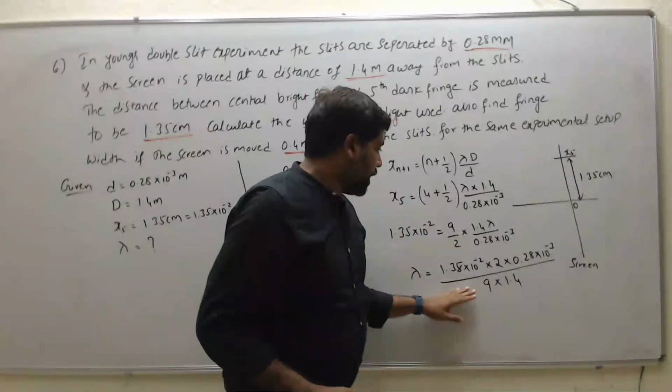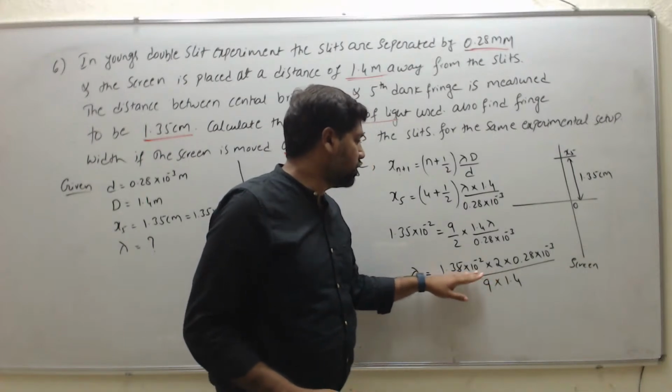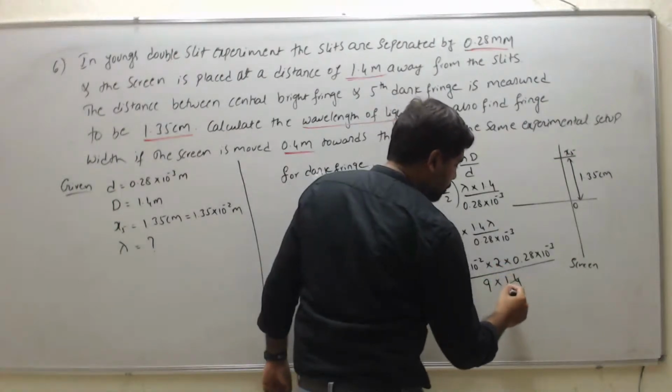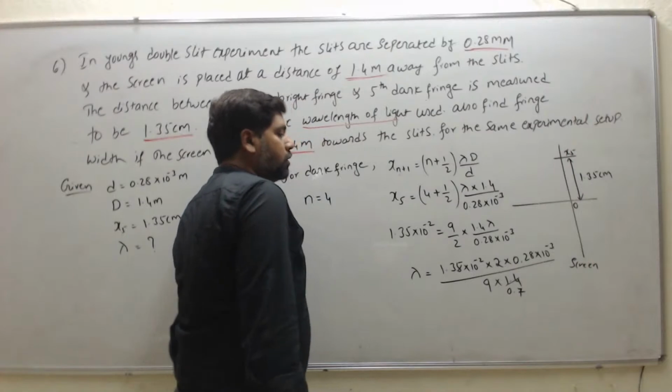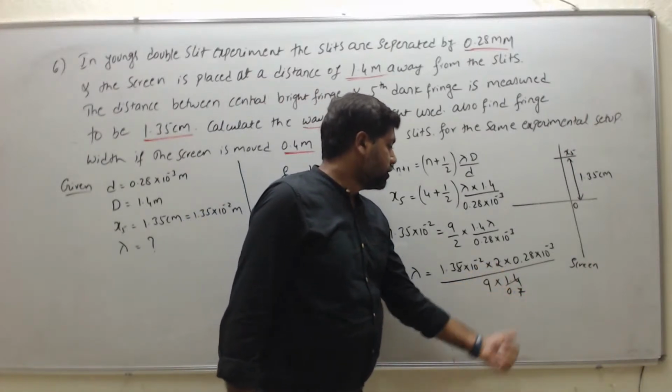So if we simplify by using the calculator, 2 divided by 1.4, we get 0.7.